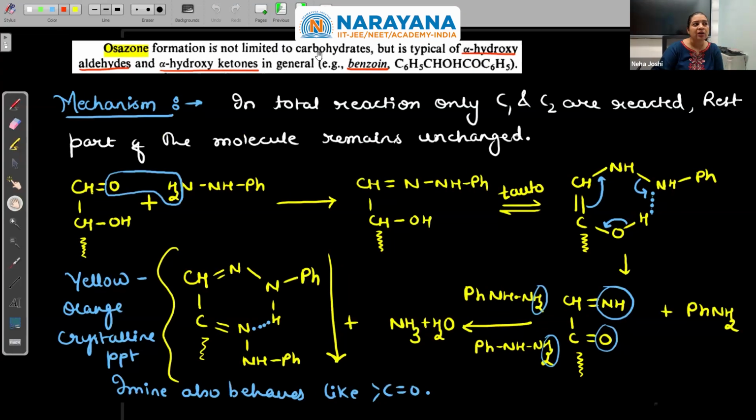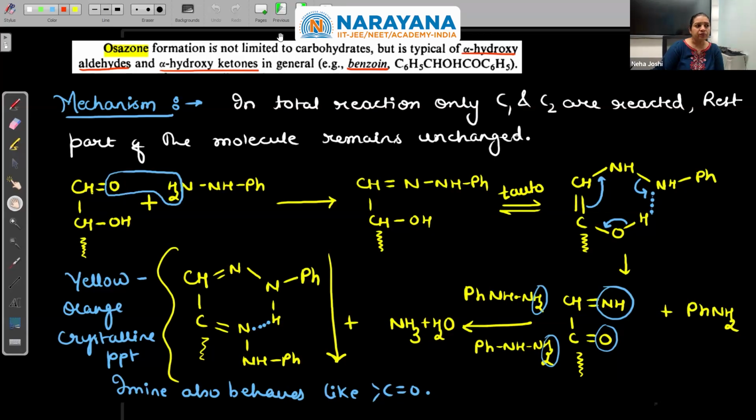Osazone formation is not limited to carbohydrates, but is typical of all alpha hydroxyaldehydes and alpha hydroxyketones. In general, even benzoin can give osazone formation. So it is a property of alpha hydroxy carbonyls.